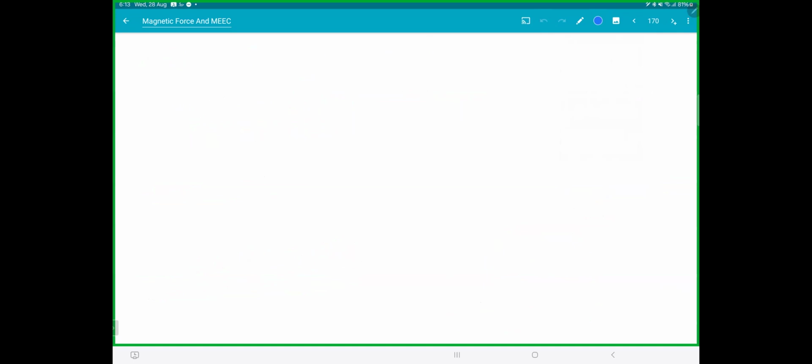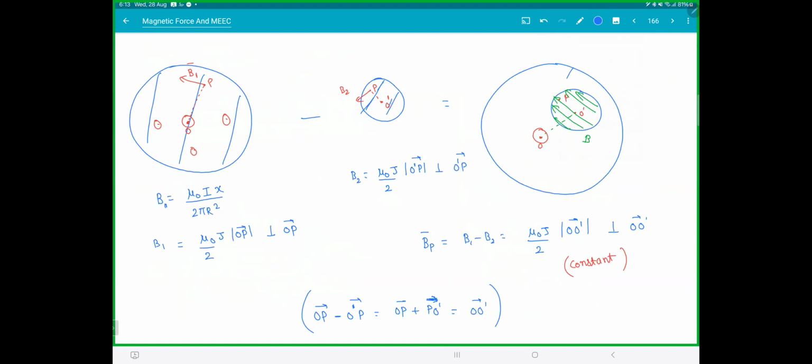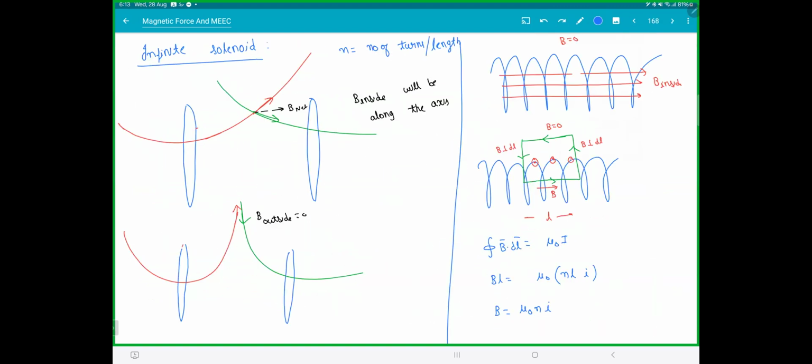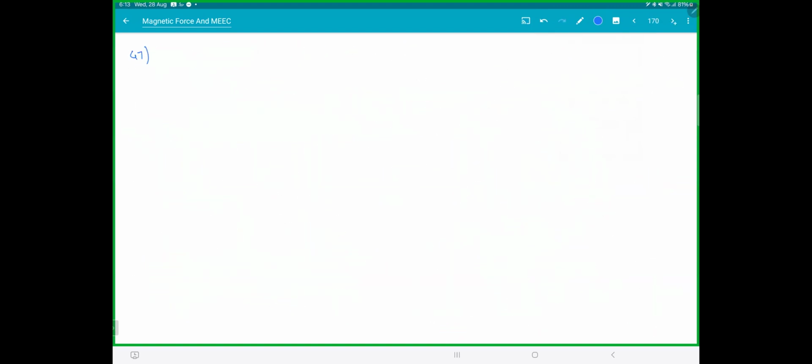And that last shape, we can do a small question on this. Let's say a question on this. So we have an infinite solenoid, a long one, radius r. This is tightly wound, meaning there's no space between the wires.